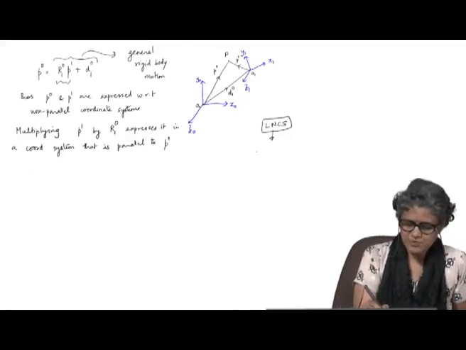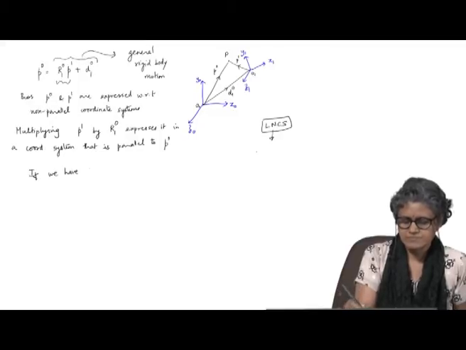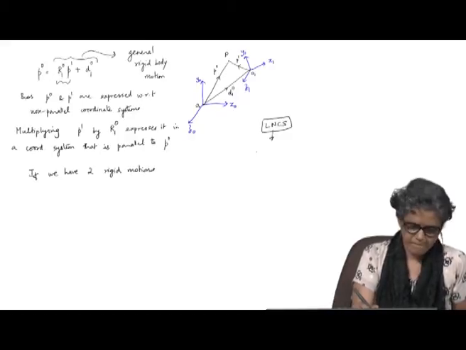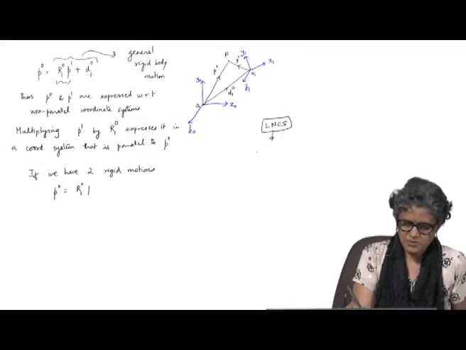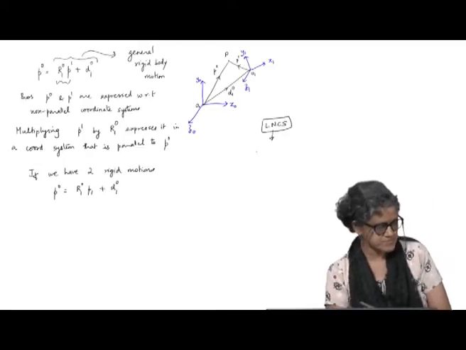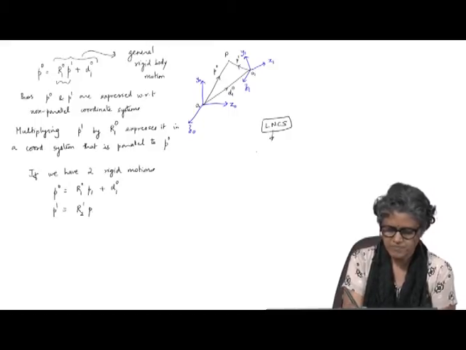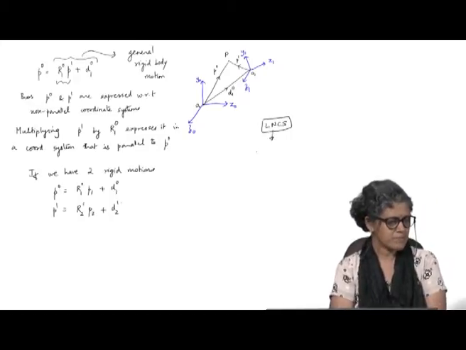So, if we have two rigid motions, we have P0 equal to R10 P1 plus D10, and say we have P1 equal to R21 P2 plus D21.